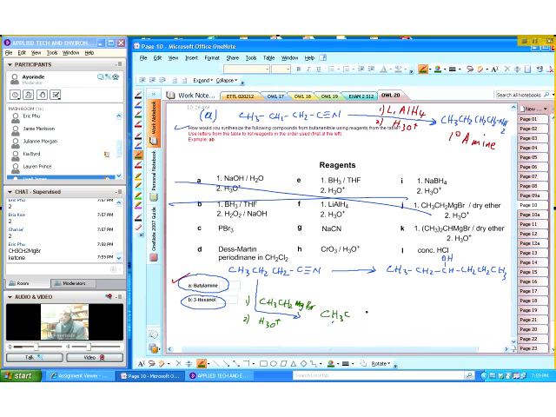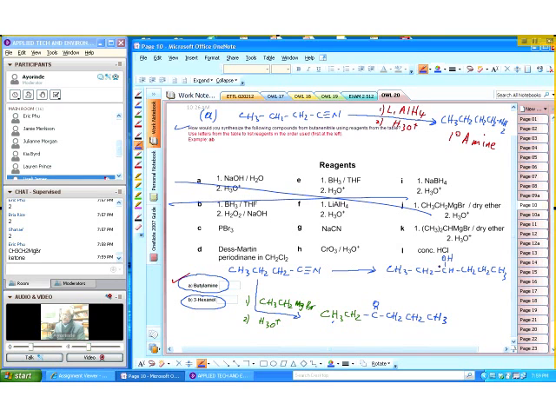Let me change the color here. That is coming from the Grignard, and then the blue is coming from the nitrile. So now we get this ketone.